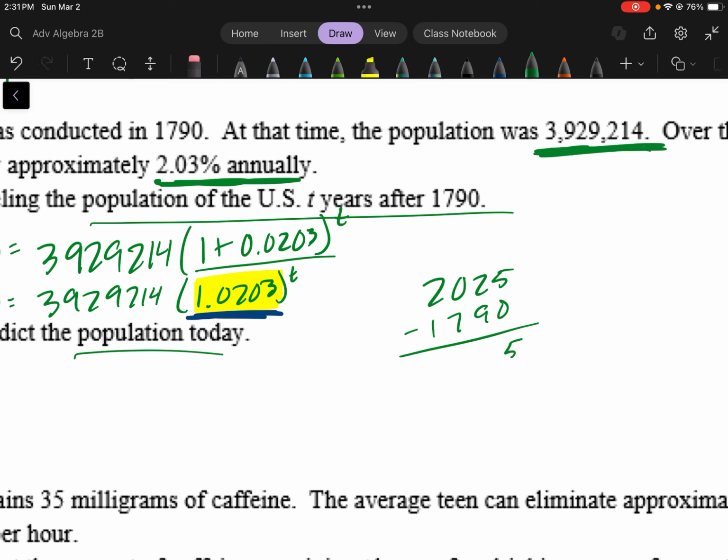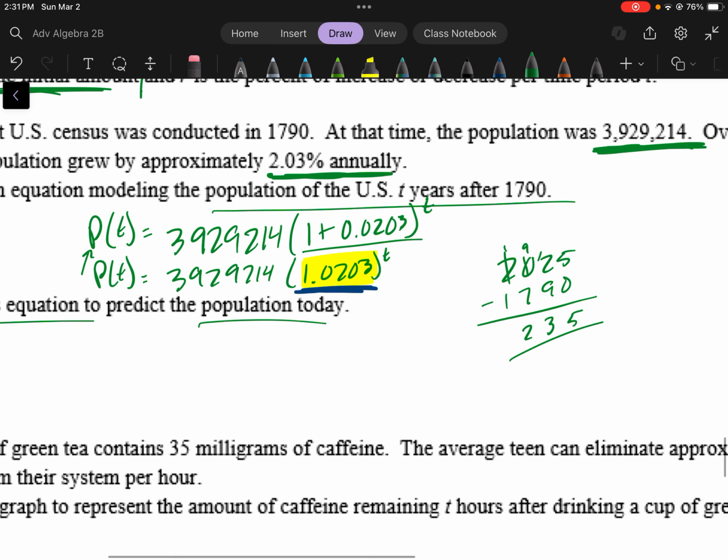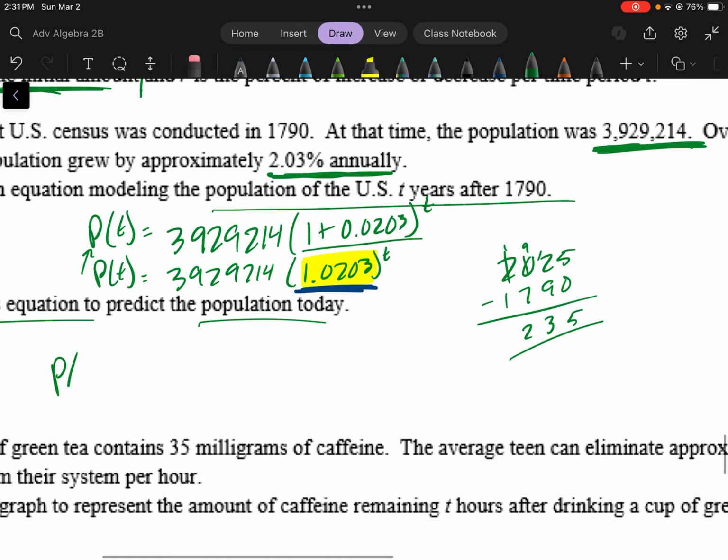Then I need to borrow, so that turns into a 9, that's a 12, so that's a 3, 2. Yikes, it's been a while. So it's been 235 years since 1790.